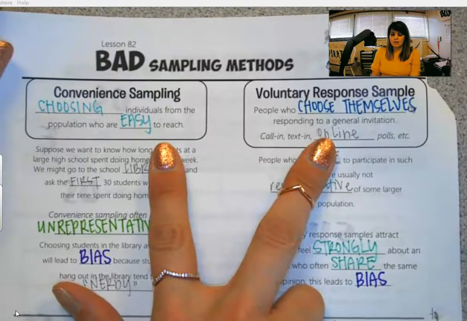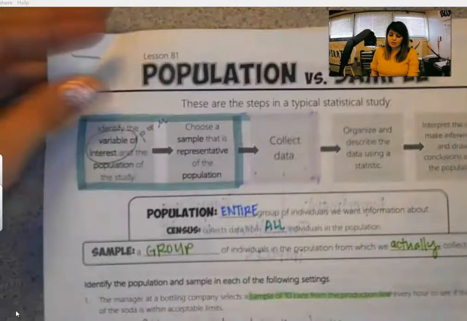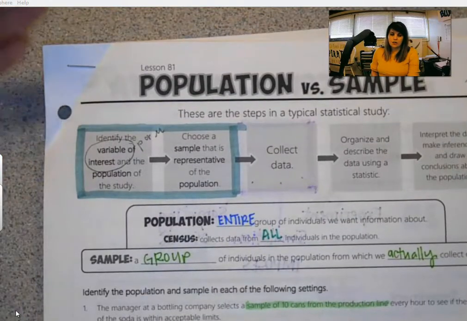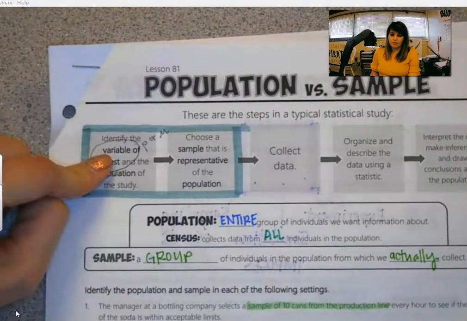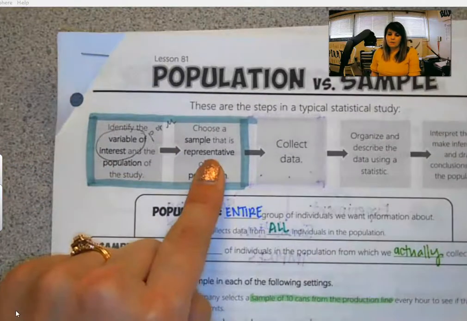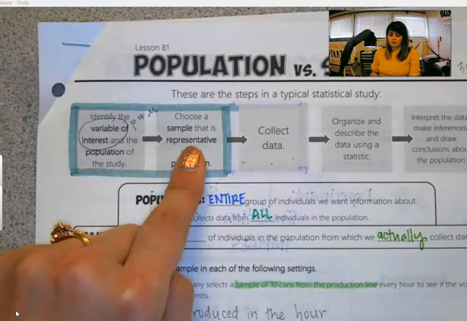What's the issue with these? Well, they give us samples that don't represent the population. And that's where we started this unit. We had to get really clear on the fact that when we are investigating a variable of interest, we have to know our population, but then we have to make sure that our sample is representative of the population.